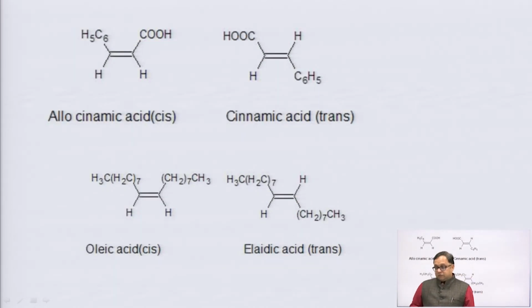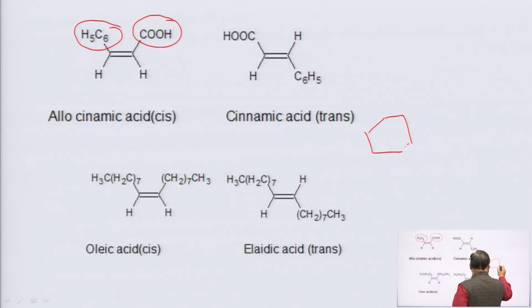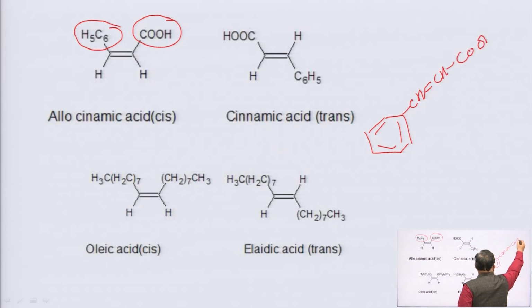Again, one more example, allocinnamic acid and cinnamic acid. In cinnamic acid, we have two substituents, COOH and C6H5. We can represent this structure like this: CH double bond CH and COOH.